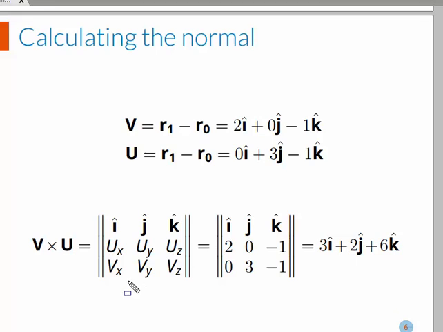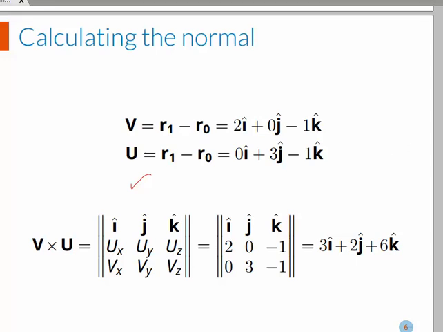So here's an example of calculating that normal from those points. We have V as 2, 0, -1, and U as 0, 3, -1. We put them in the proper matrix form here and take the determinant. This determinant is very easy. You can just read it off. It's 3, 2, 6.